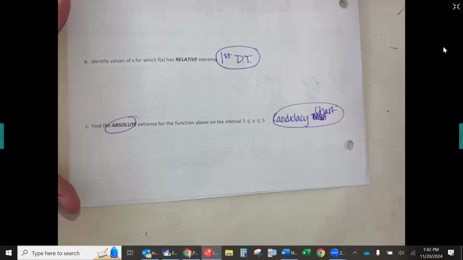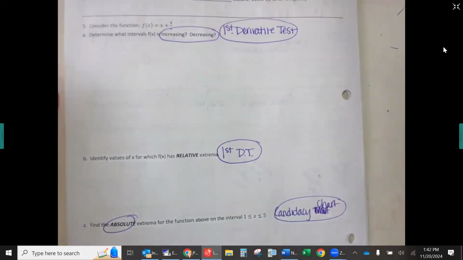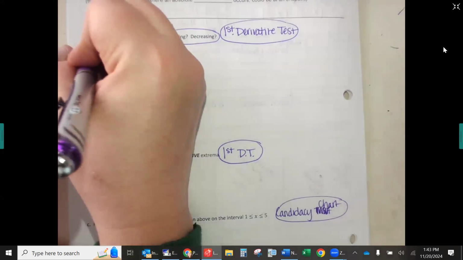So for the equation, do you need any special rule to take the derivative of x plus 4 over x? Okay, right now we need quotient rule unless we can avoid it. Is there a way for me to get this x off the bottom so I don't have to do quotient rule? Yes, what would I do? -1. Very good. So rewrite.